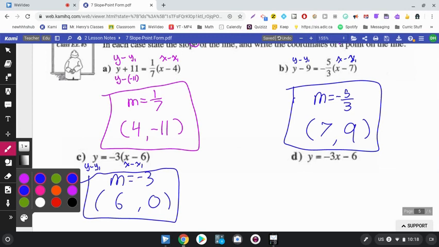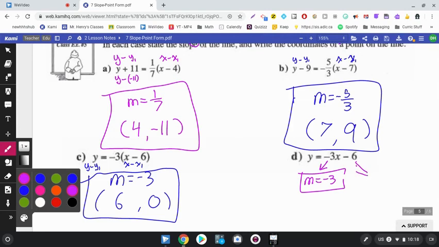Okay. And then I go over to D, y equals negative 3x minus 6. If I'm talking about the slope and a point of this thing, that is not in slope point form. That is in slope intercept form, which still tells me slope and still tells me a point. It just tells me that very specific point. So your m, your slope is negative 3.